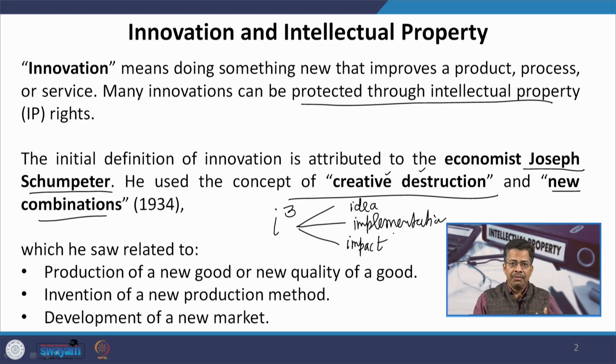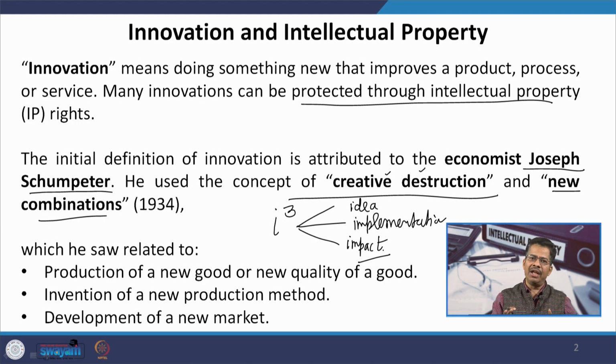There is a term which is now popular in English also, though it comes from the North Indian Hindi term, jugaad. But jugaad is not innovation because it is not scalable. It may have the ability to solve a problem at a local level, but innovation has to be a scalable activity. So, getting a new idea, that idea has to be possible to implement. It is not a theory only, it has to be implementable either in the lab or in the field.